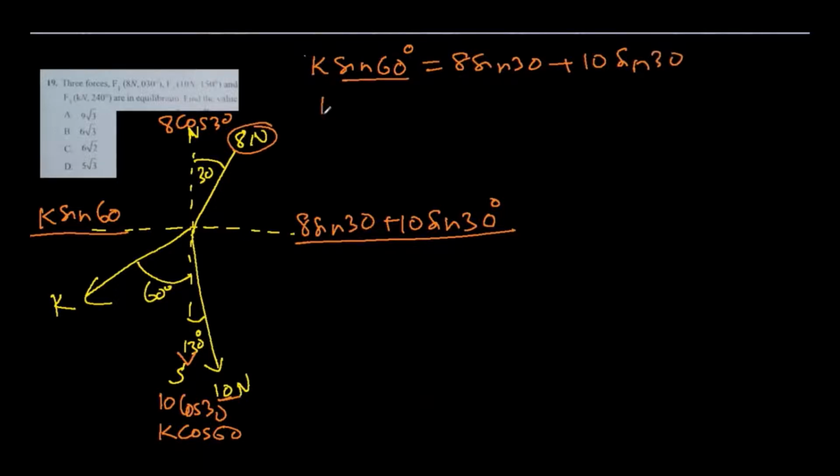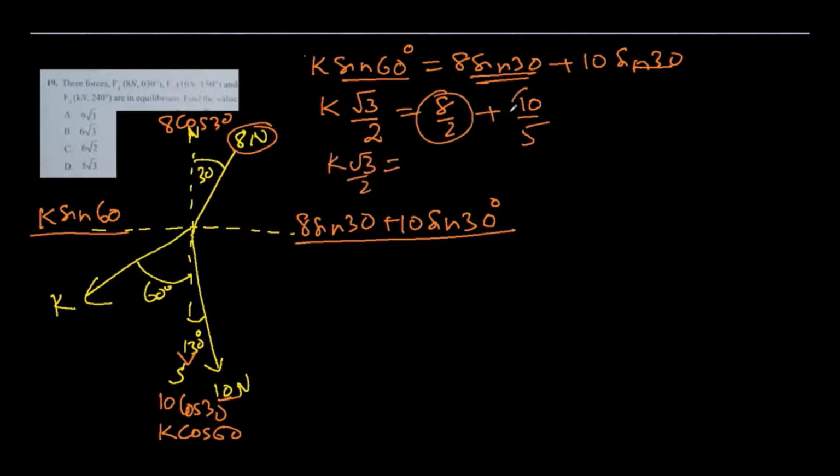Okay, sine 60 value is square root 3 over 2. 8 sine 30 value is half, so it will be 8 divided by 2, which is 4. 10 divided by 2 for the next one because sine 30 again. So it will be k square root 3 over 2 equal to 4 plus 5, 9.